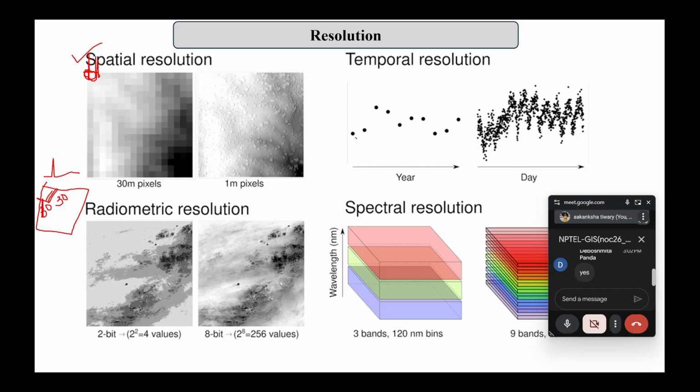You will not get any information about that particular disaster. But if you have satellite data that is revisiting the area daily, then you can monitor the disaster situation for that particular area. So this is why temporal resolution is important.